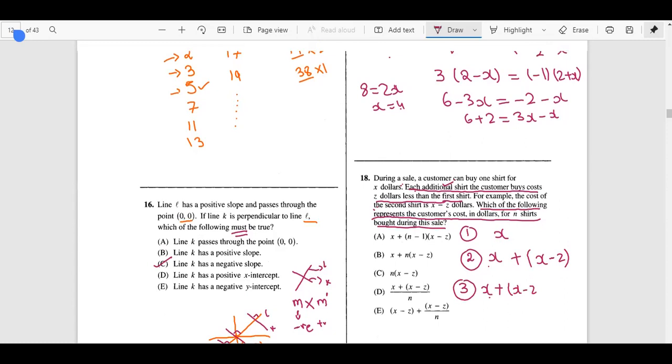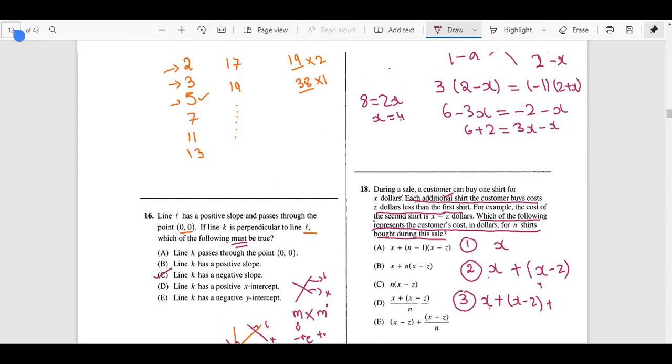Then there would be a third shirt which would be for X minus Z dollars as well. Why? Because the question is saying each additional shirt. After the first shirt, every shirt is for X minus Z dollars. It is Z dollars less than the first shirt. So this English basically means X minus Z. We are clear till here.